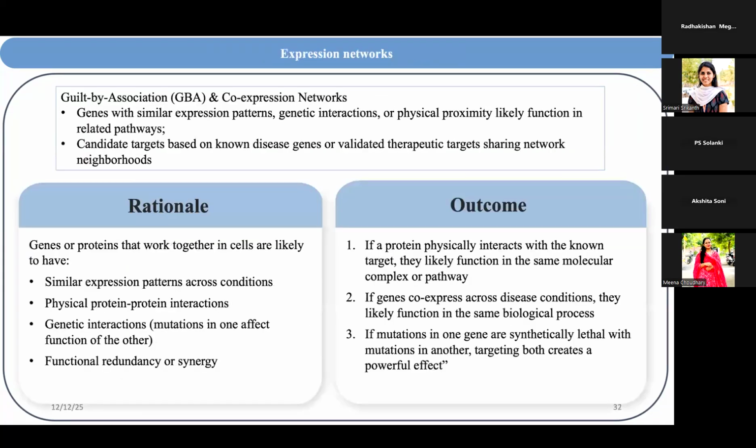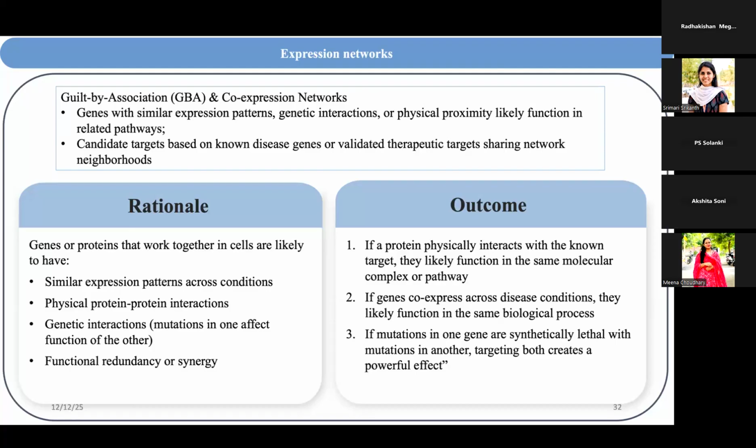Next comes the expression network. Genes or proteins that work together have similar expression patterns across conditions, physical protein-protein interactions, or genetic interactions. So we use the principle of guilt by association. We have one validated drug target, and we can get its immediate network neighbors, proteins that directly interact or co-express with it. Why do this?